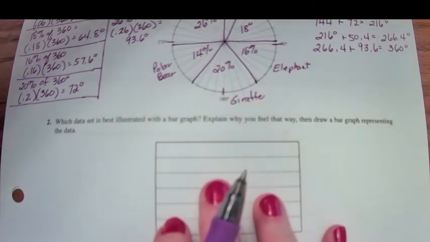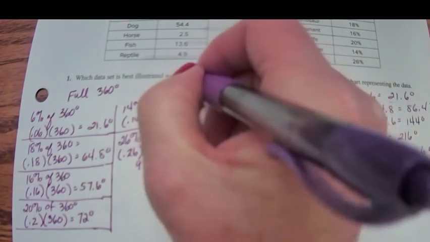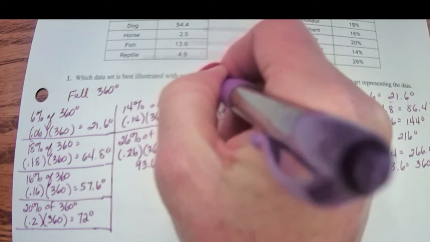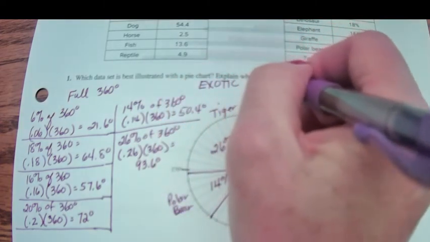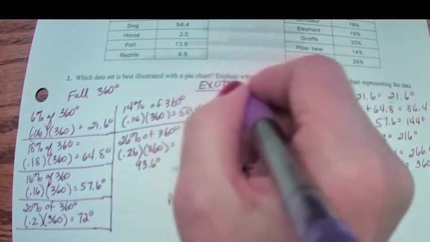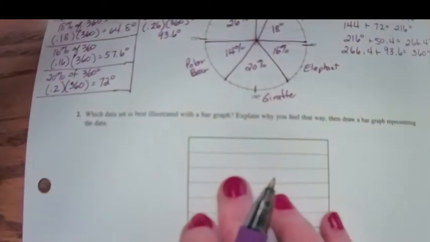By the way, one thing I did not do, which is important, is you should always title your graphs. So we'll title this Exotic Animals. You could give it a more descriptive title if you wanted. Percentage of households that would most desire exotic animal, but we want to make sure we do have a title.